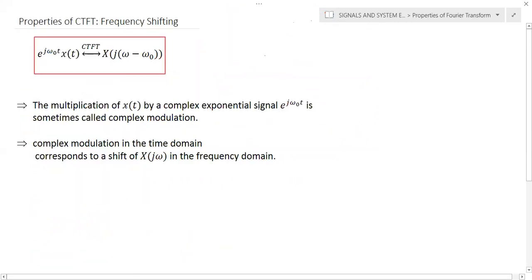First, the definition of frequency shifting. Here you can see a signal x of t, and assume that its continuous time Fourier transform, that is the CTFT of this signal, is represented by x of j omega.